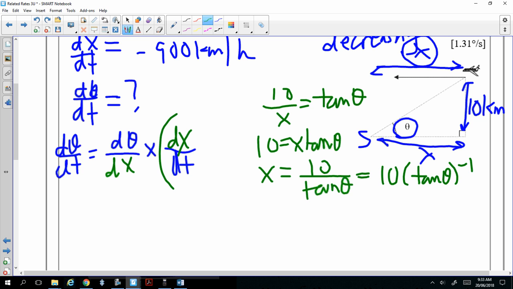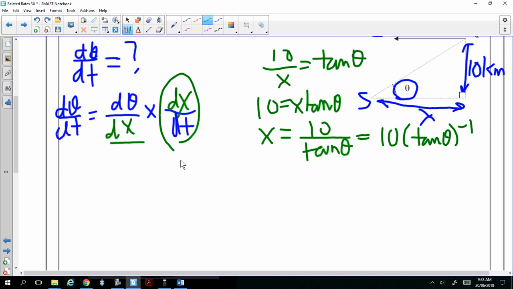So you have to differentiate this. You will get negative 10 tan theta to the power of negative 2 times the derivative of tan, which is sec squared theta. You can do this and then just take the reciprocal.